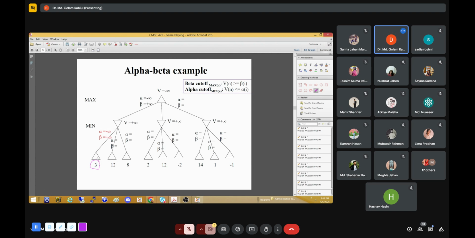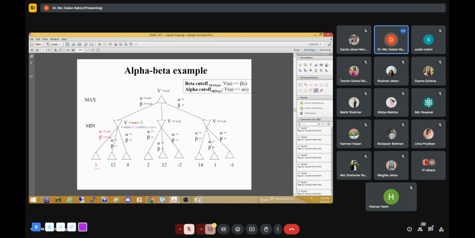Then this 3 will be updated here. This is the min node. So for the min node, the value will be updated following this principle, that is v will be the minimum of the existing v and this 3. Which one is the minimum between these two? Existing v is positive infinite.